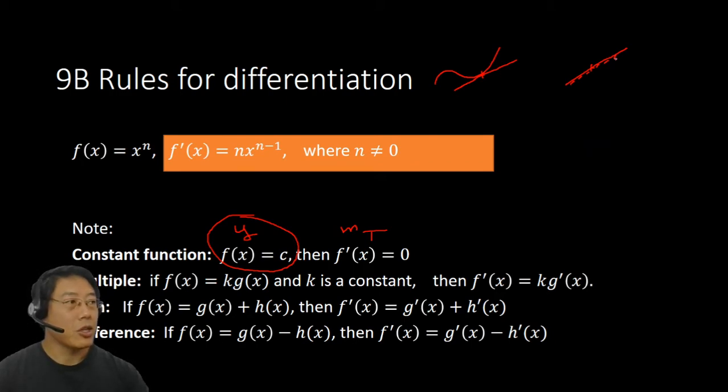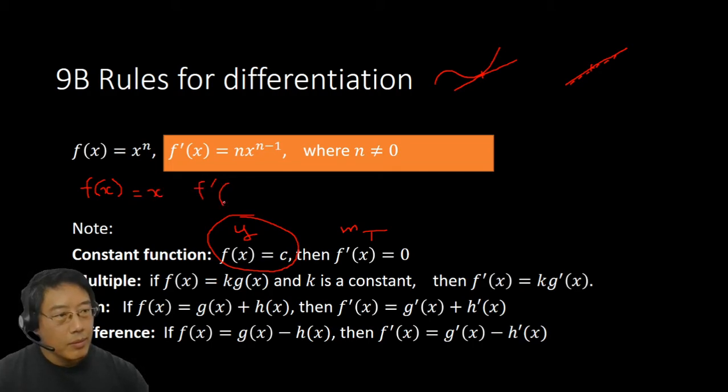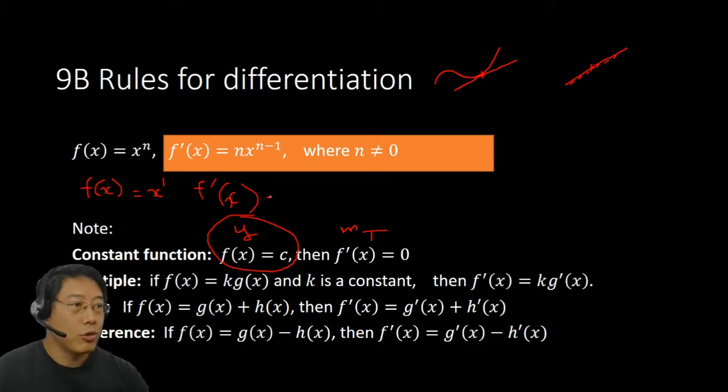Alright, so for a linear function, by the way, that goes back to this. For example, if I do f of x equals x, well, the first derivative is going to be, what's the power here? It's going to be a 1, so you write 1.